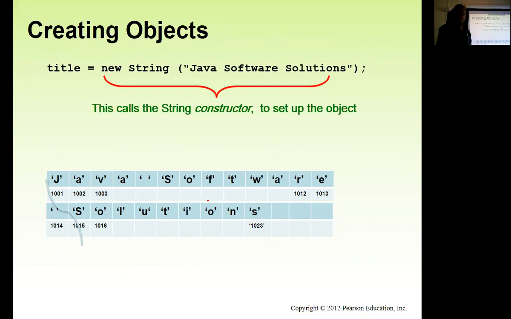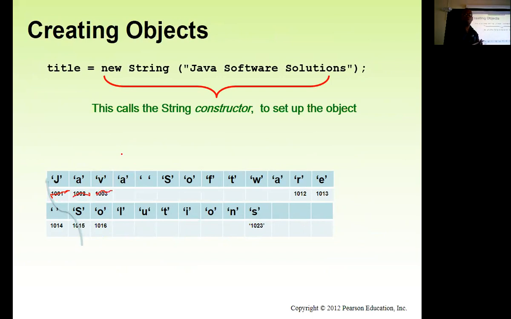If that is the first character in memory, the rest of the characters follow, so this would be the memory address, this would be the second memory address, and this would be the third memory address.